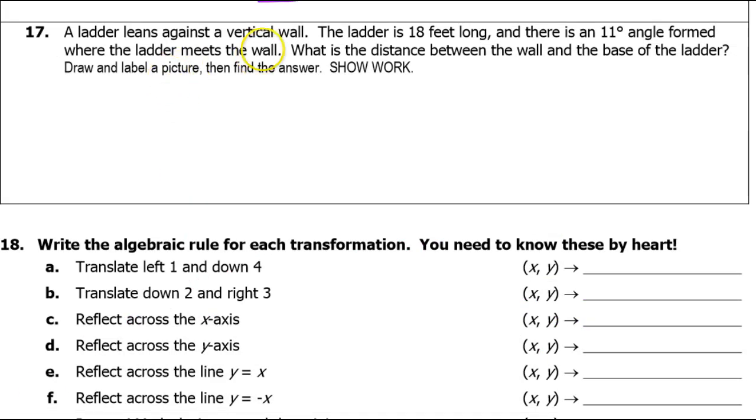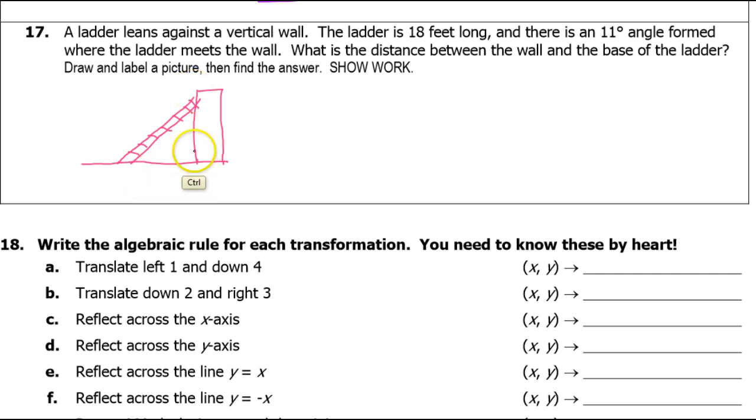A ladder leans against a vertical wall. The ladder is 18 feet long and there's an 11-degree angle formed where the ladder meets the wall. Okay, let's see. Here's the ground. Here's the wall. And here is the ladder, leaning up against the wall.